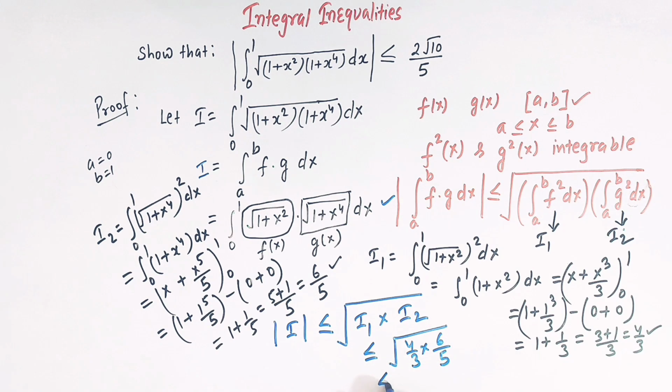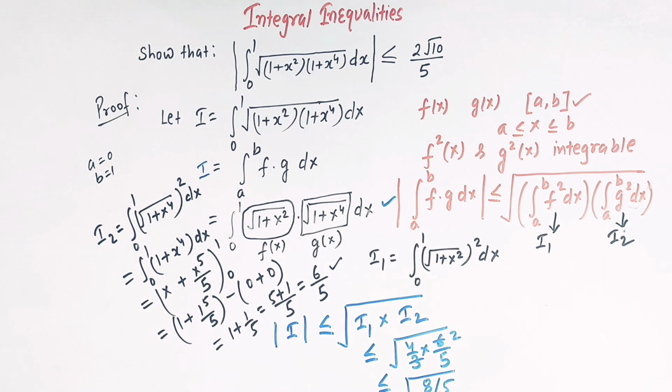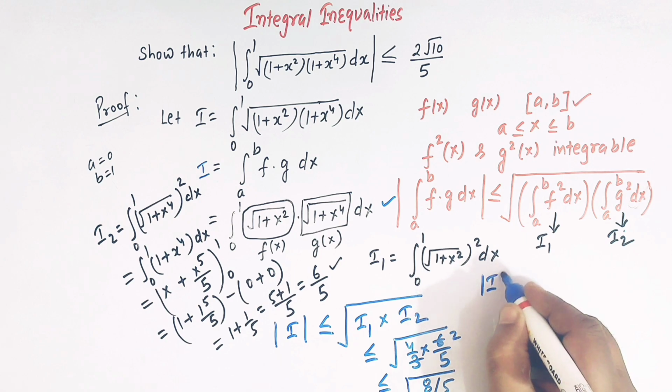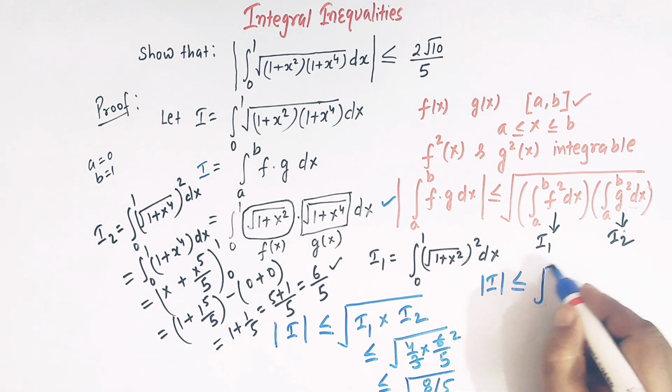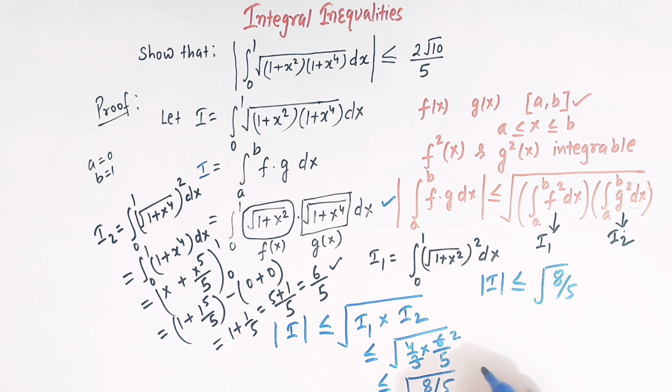So we have here the square root of 4 over 3 times 6 over 5, which is 8 over 5. So now mod of I is less than or equal to the square root of 8 over 5.